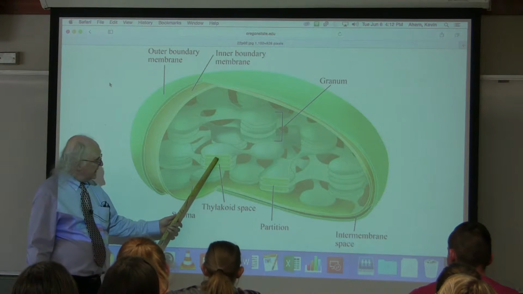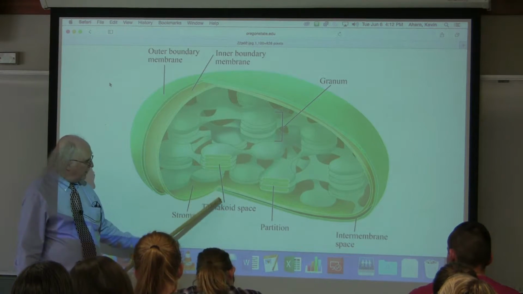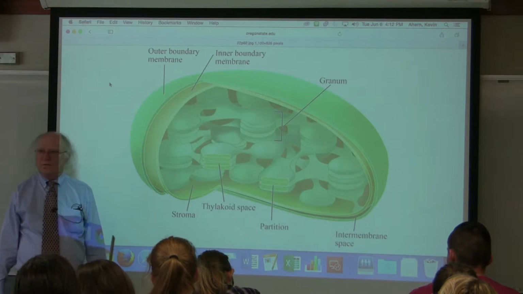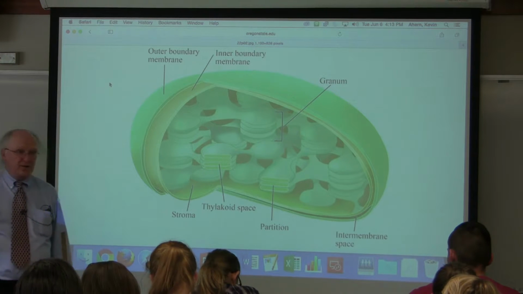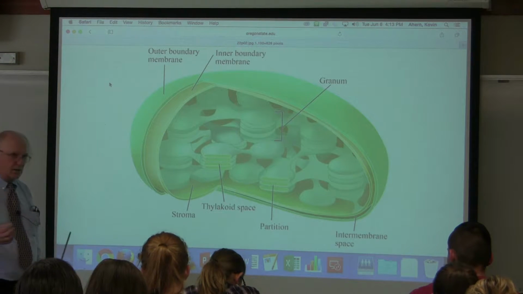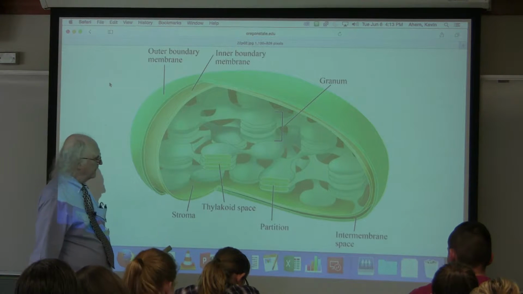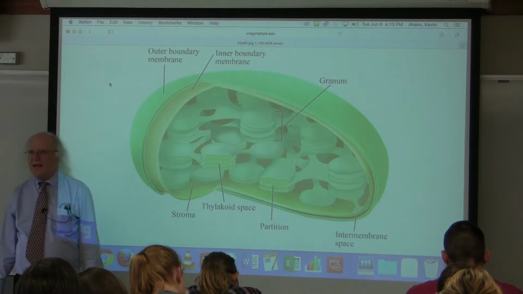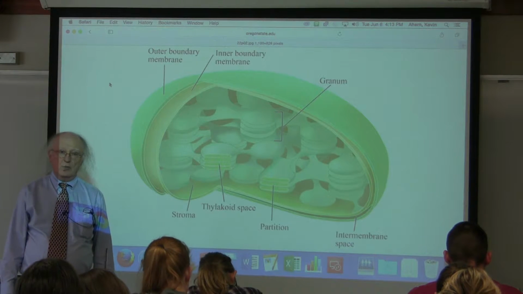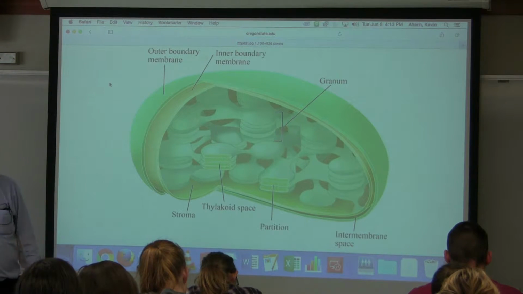For example, there's an inner portion, okay, that's called the thylakoid space. We will think about that in the same way we think of the mitochondrial matrix. Okay? We have a thylakoid membrane, and we're going to think about that in comparison to the inner mitochondrial membrane.